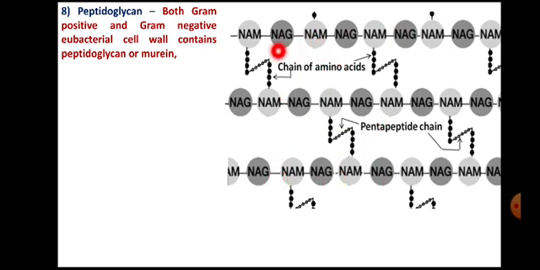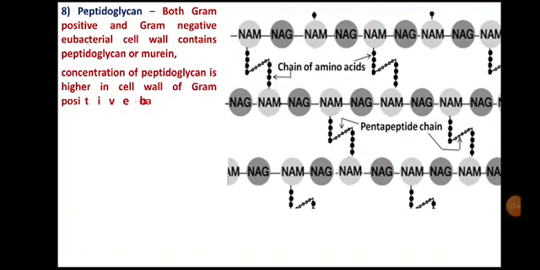In the gram negative bacterial cell wall, the number of layers is very small. So the concentration of peptidoglycan is higher in the cell wall of gram positive bacteria.